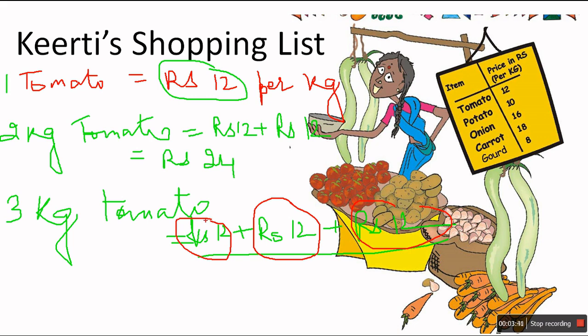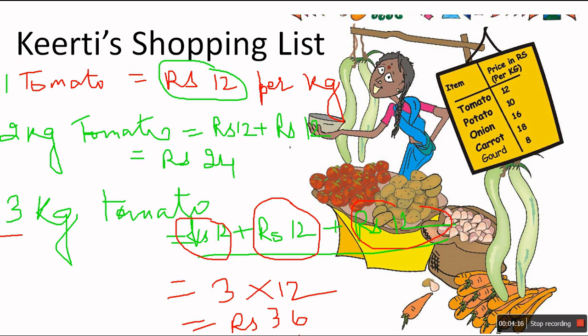The rate of tomato is 12 rupees a kg, and we have to buy 3 kg, so we will multiply 12 by 3. We know that repeated addition is multiplication, means 3 into 12. This means 3 kg into the rate per kg, that is rupees 36.